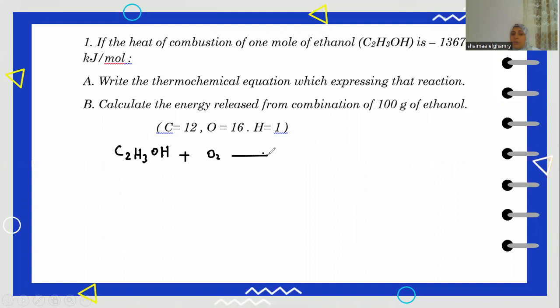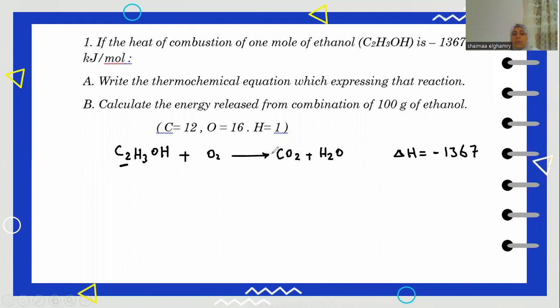So the products should be what? Carbon dioxide plus water vapor. And here we said delta H equals negative 1367. Now we are going to balance the equation.